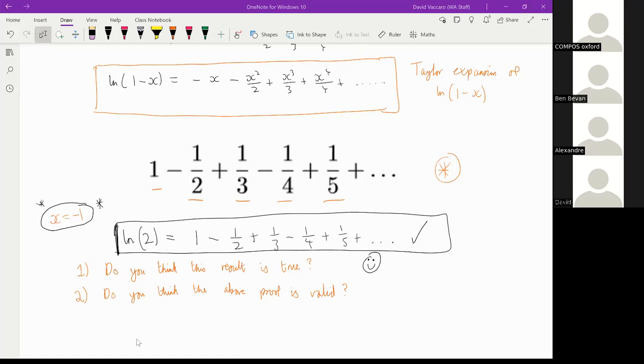Option number 1 is, would you like to see how the function e to the x is related to cos x and sin x using Taylor series? Or option number 2, would you like to use Taylor series to get an expression for the Fibonacci sequence?